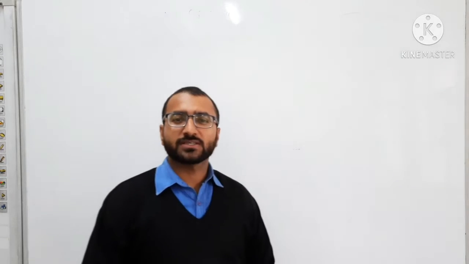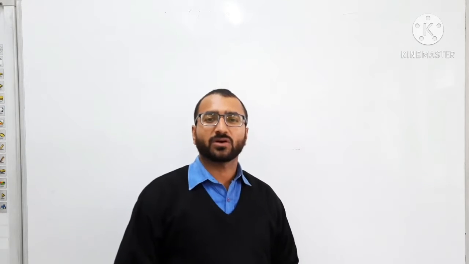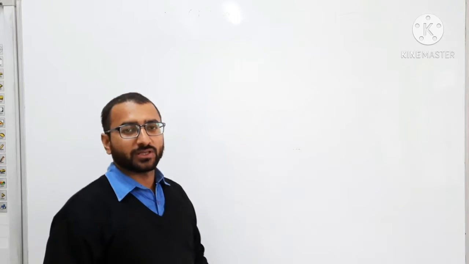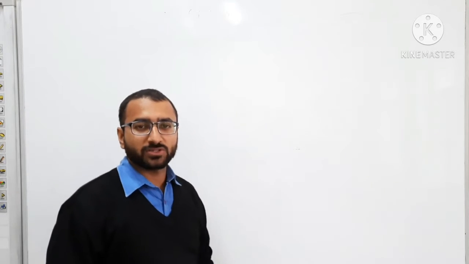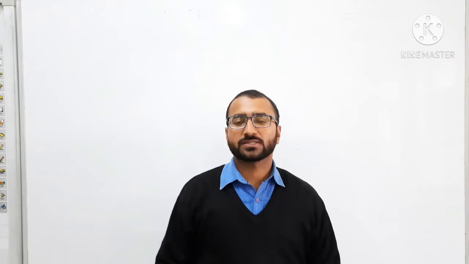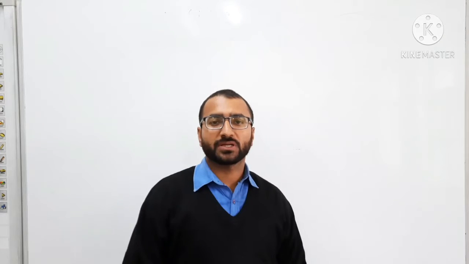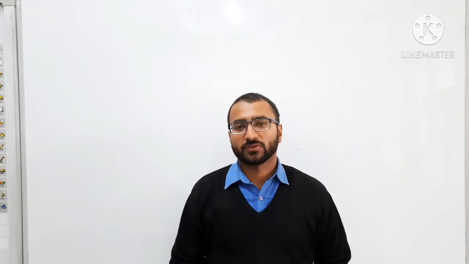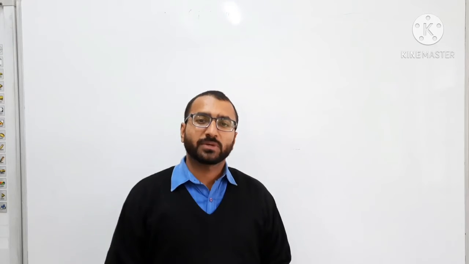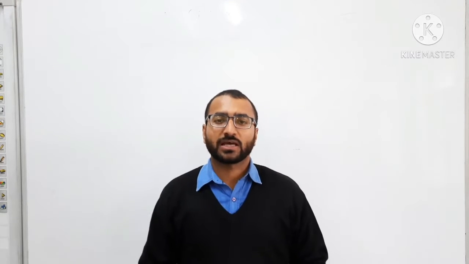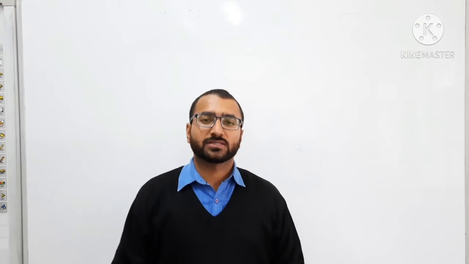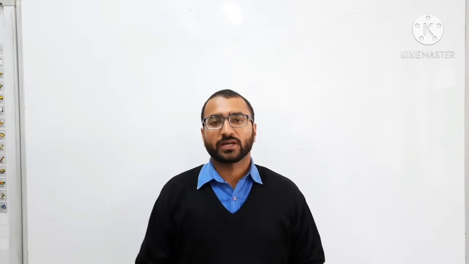So today we will discuss the next chapter of Unit 7. The name of the chapter is Thermal Properties of Matter, in which we will discuss the definition of heat and temperature, and after that the measurement of temperature in Kelvin scale, Celsius scale and also Fahrenheit scale.